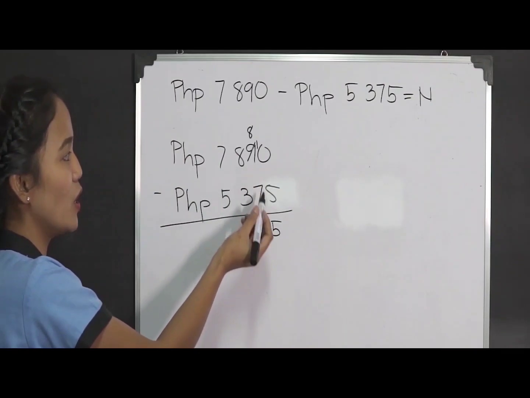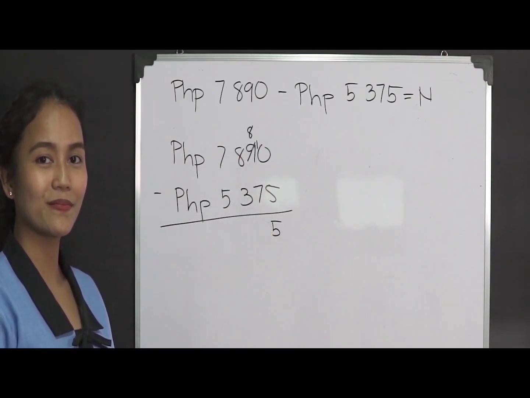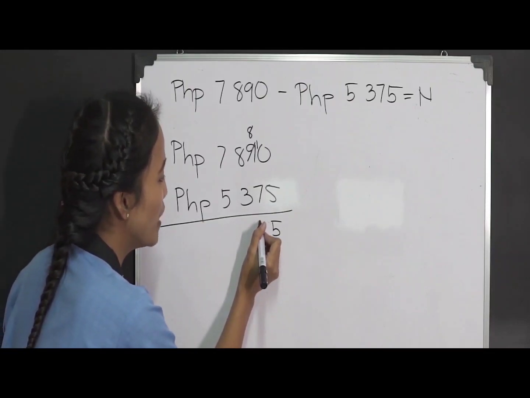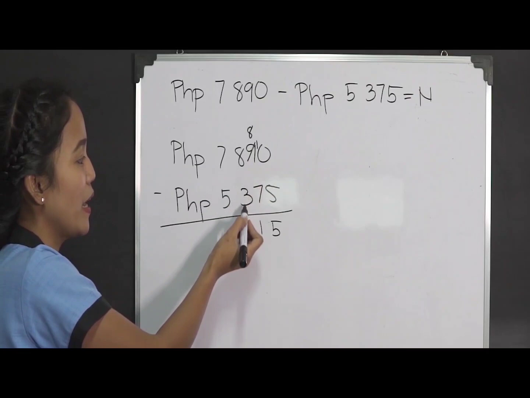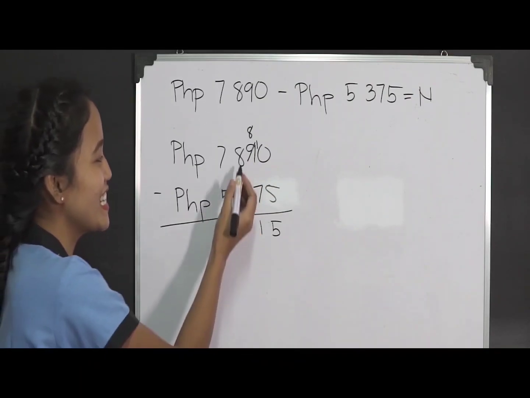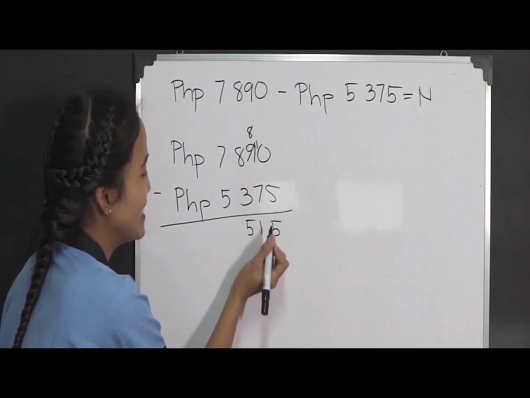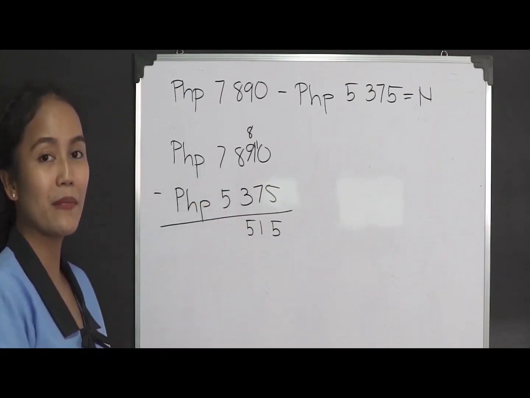Next, the tens column. 8 minus 7 is equal to? Yes, it is equal to 1. Next, the hundreds column. 8 minus 3 is equal to? Great! It is equal to 5. Then, the thousands column. 7 minus 5 is equal to?